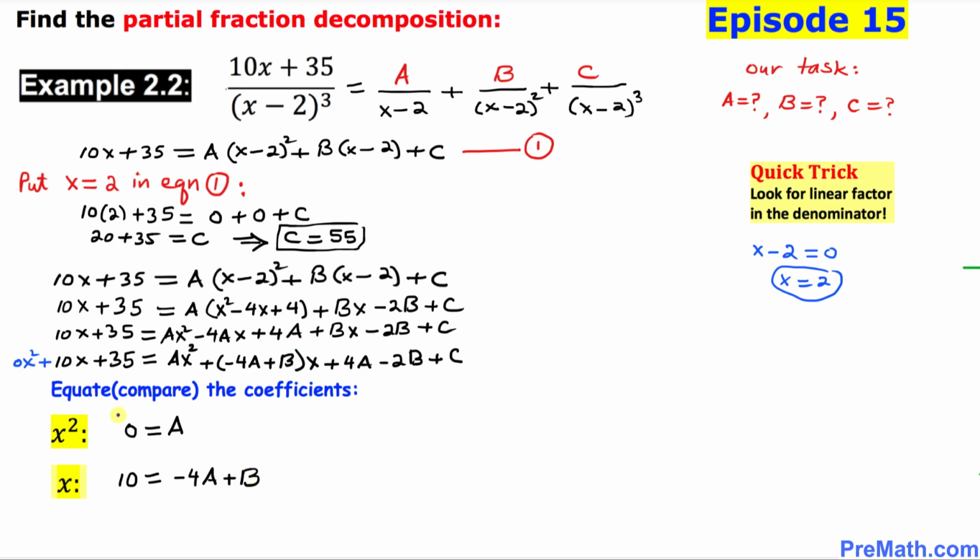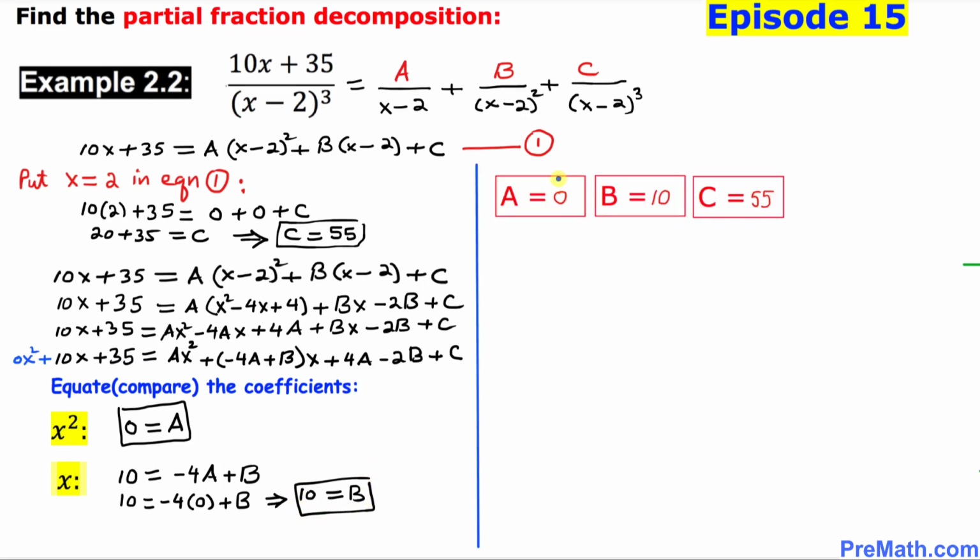So thus in this step we figured out that a turns out to be 0, and we are going to find the value of b. We can just plug in a value equal to 0. Let's do that one. So 10 equals to negative 4 times a, which is 0, plus b, that is going to give us 10 equals to, this becomes 0, which is equal to b. So b value turns out to be 10.